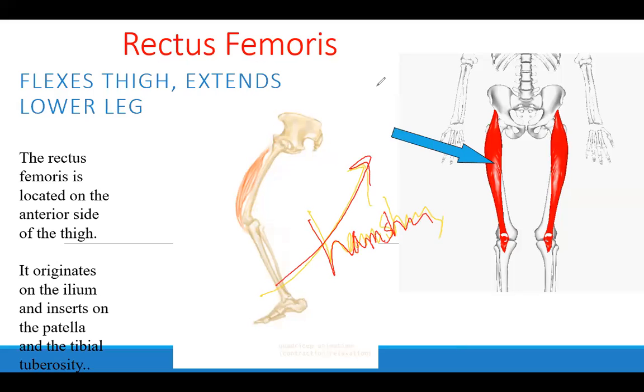What the quad does is pull the leg up. So we flex our thigh by pulling it up this way, whereas the hamstring pulls it back. So that's the difference. We flex the thigh a different direction. The quads pull the leg up this way. We're still bending the leg, but we're pulling it up this way, whereas the hamstring pulls it backwards. When we straighten our leg out, we extend the lower leg.